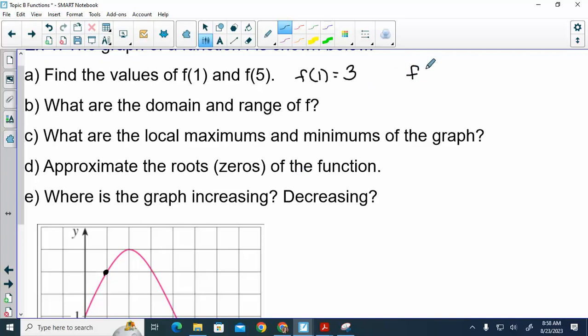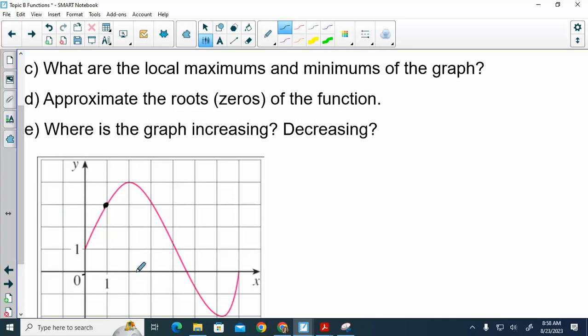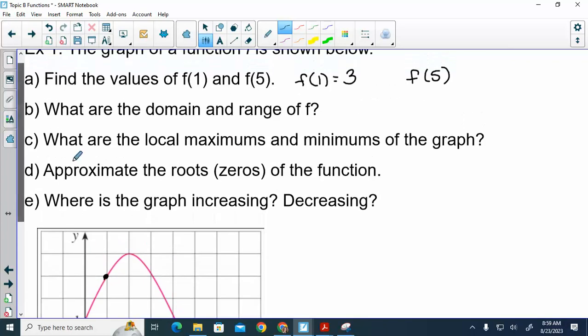So f of 5 says when x is 5, tell me what y is. 2/3 even-ish. Everybody's good with that?